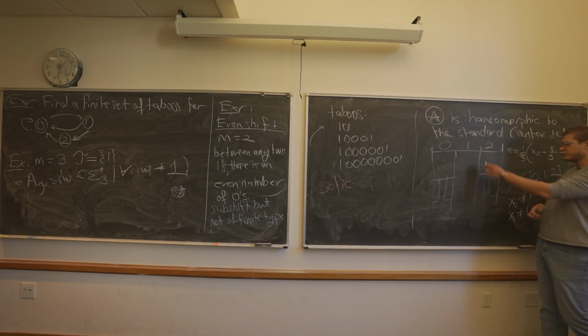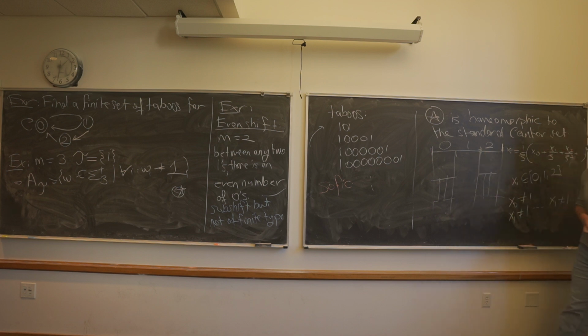Or if you were to look at this point, for instance, one way of writing this would be 1111111, or you can look at it as 2000000. But I've gotten rid of the 1111 anyway.